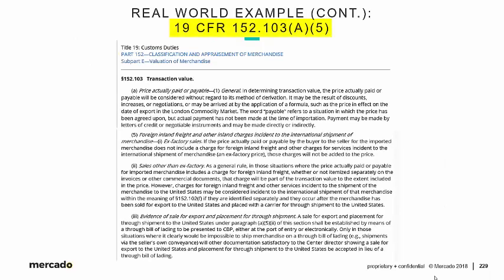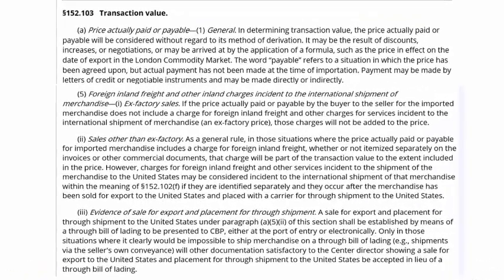We mentioned 19 CFR 152.103(a)(5). Hopefully you knew that we would show it. This, of course, being an excerpt from eCFR 152.103, transaction value, we're looking at (a)(5), foreign inland freight and other inland charges incident to the international shipment of merchandise.